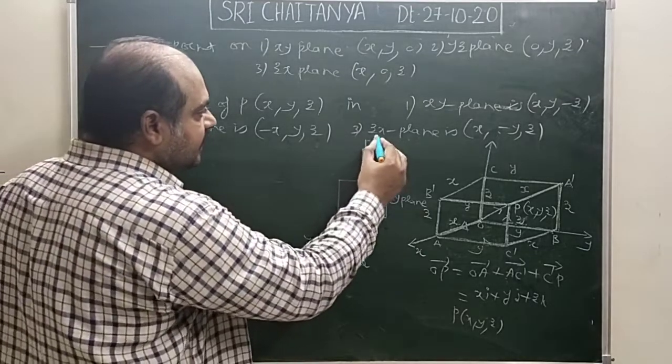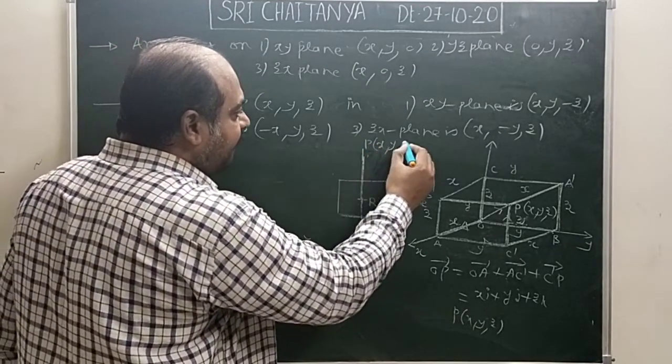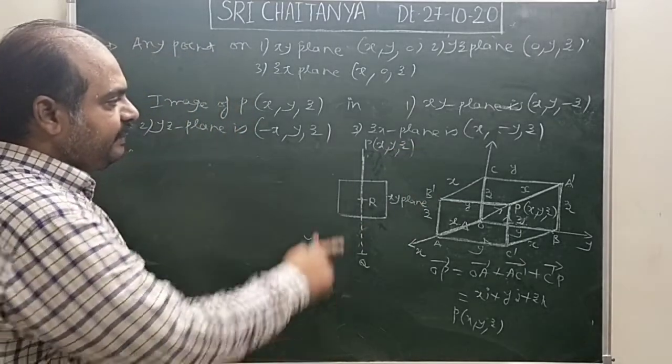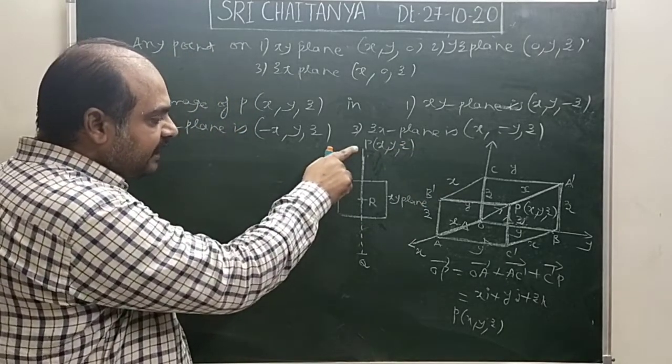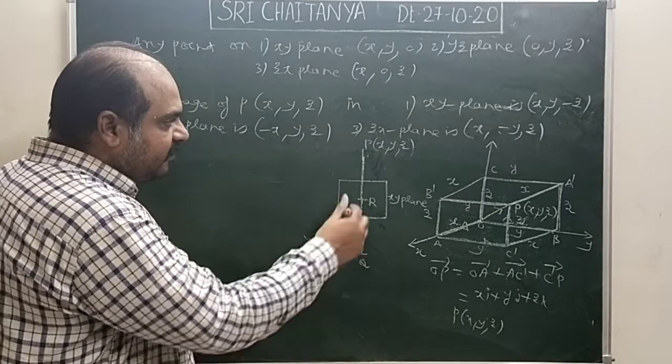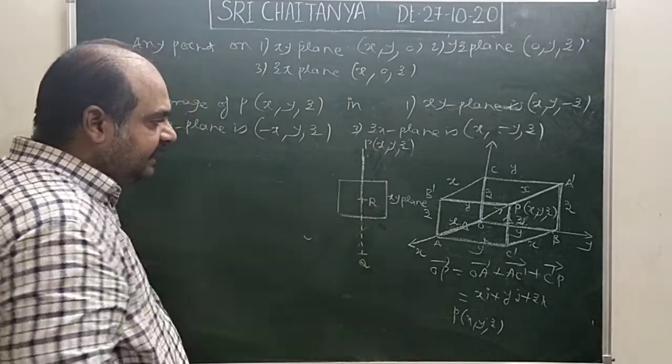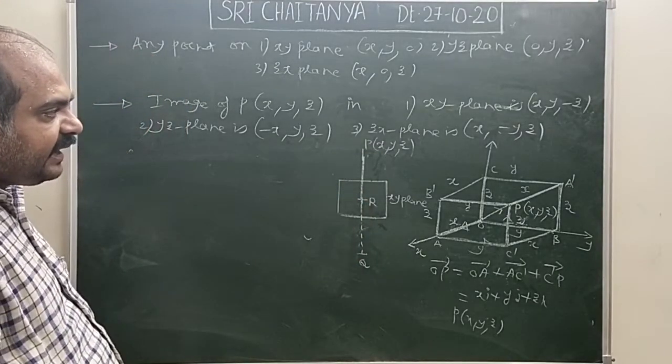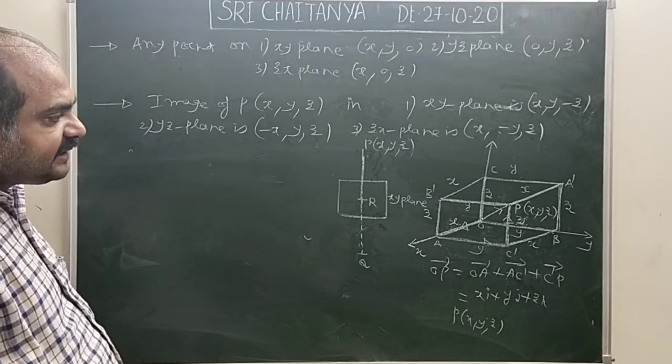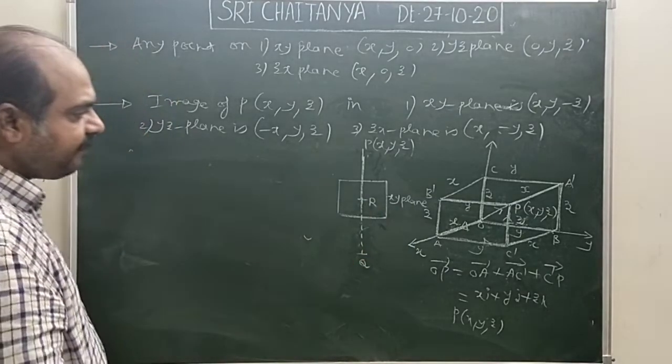Image means just on the opposite side of the plane it will be. This will be on one side of your paper, this on the opposite side. I have joined P and Q. Definitely the plane will be in between. That line PQ will intersect at R, which is the foot of perpendicular.